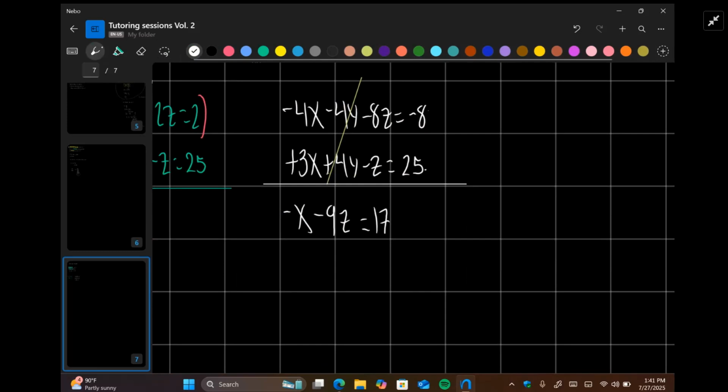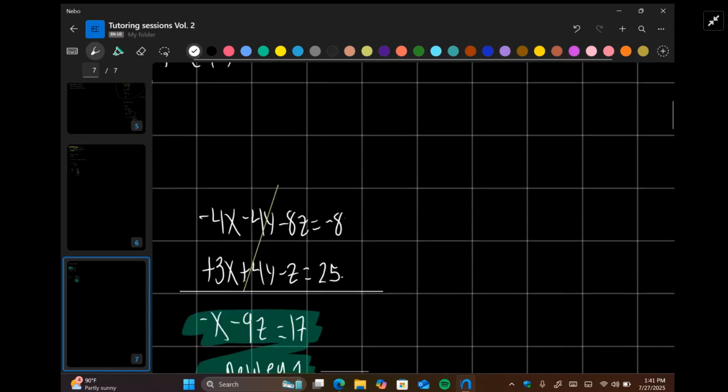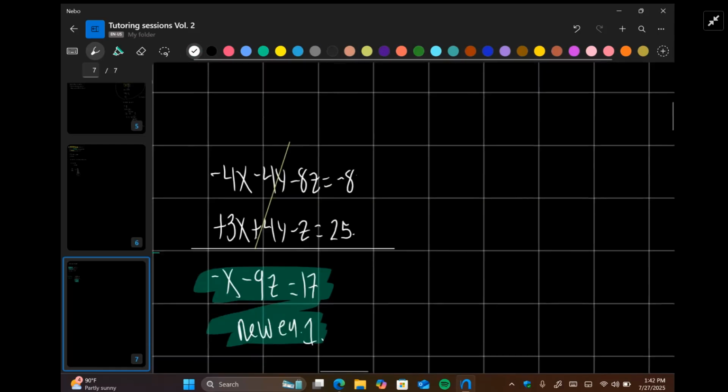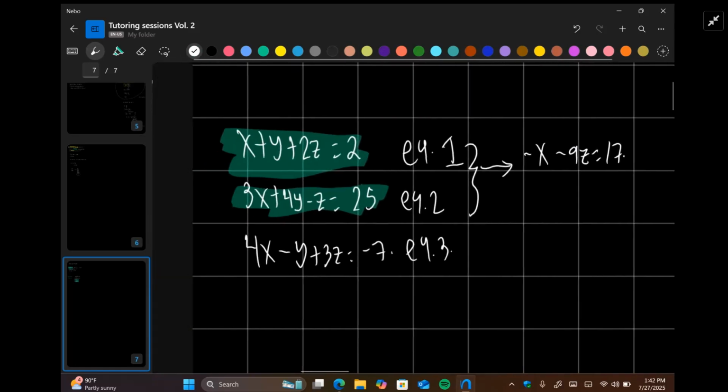We're just going to put that over here. From these two equations, we got -x minus 9z equals 17.